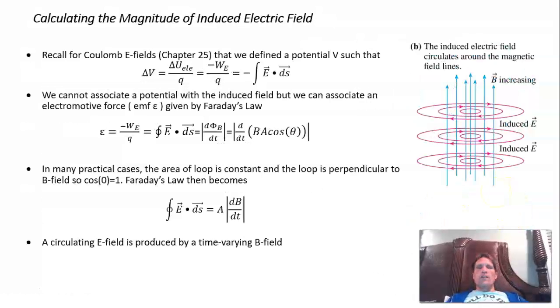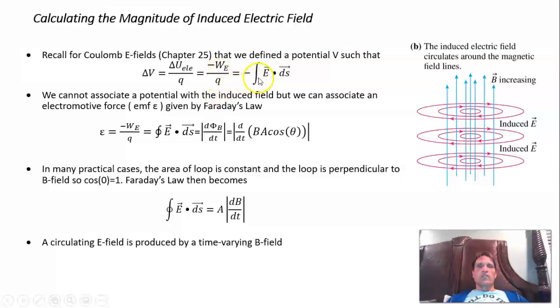So what we want to do now is get an expression to calculate the magnitude of this induced electric field. Okay, so if we go back to chapter 25, recall that we defined the potential difference as the change in potential energy per charge, or the negative of the work done by the electric field per unit charge.